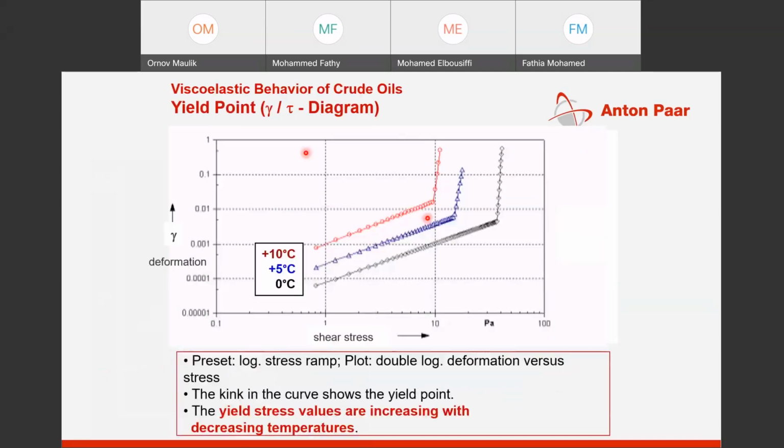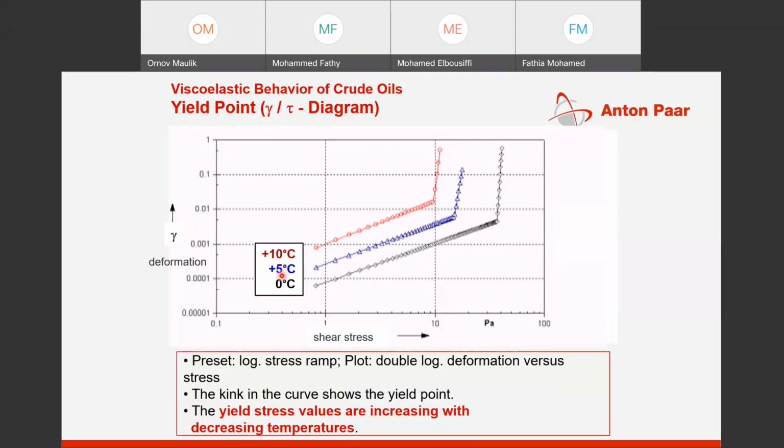Just to give you an example, this is a crude oil sample at various temperatures. You can see over here in the first zone, up to say 10 pascal of stress, you have a linear curve, and after approximately 10 pascals, there is a sudden change in the deformation. This point, at around 10 pascals, is the yield stress of this crude oil at 10 degrees Celsius.